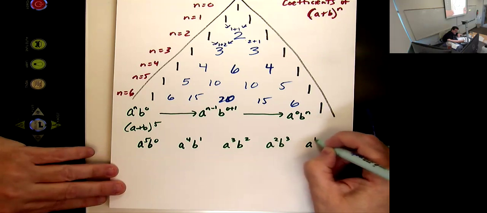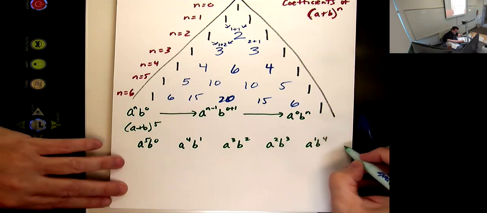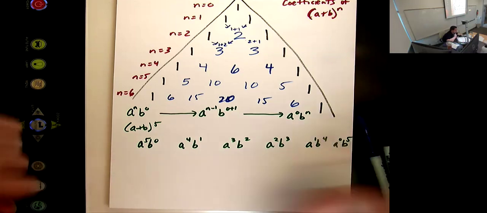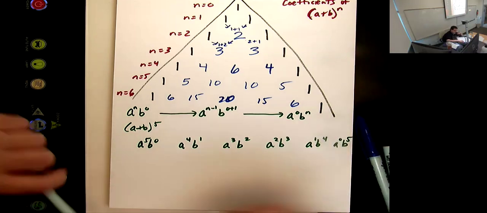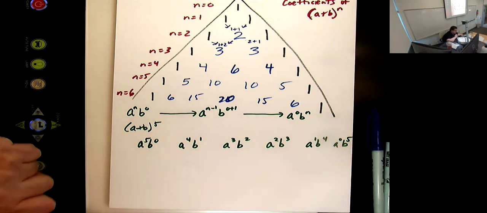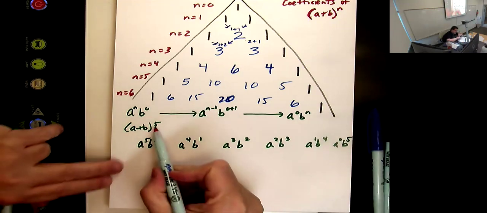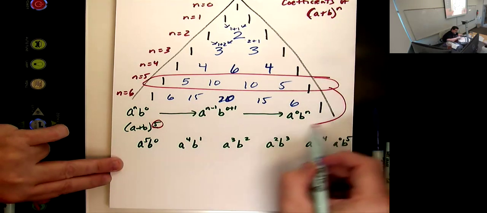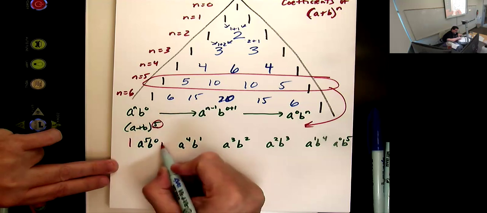A to the 1st power, b to the 4th power. And a to the 0, b to the 5th. That's all those things. n equals 5. I'm going to take those and drop those coefficients in.